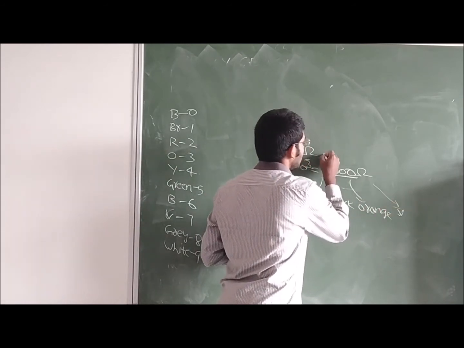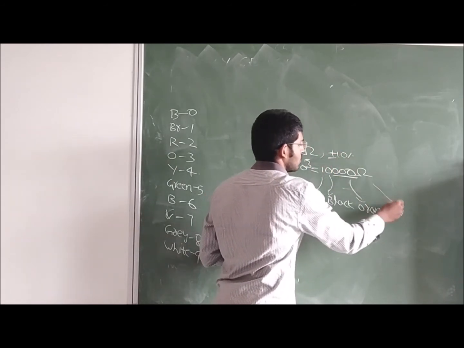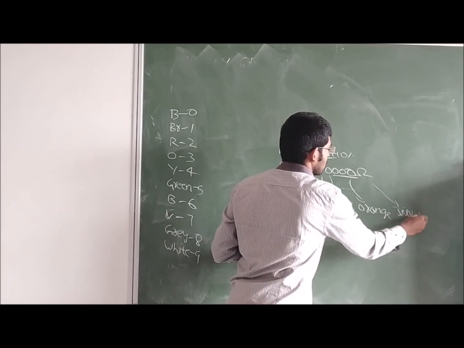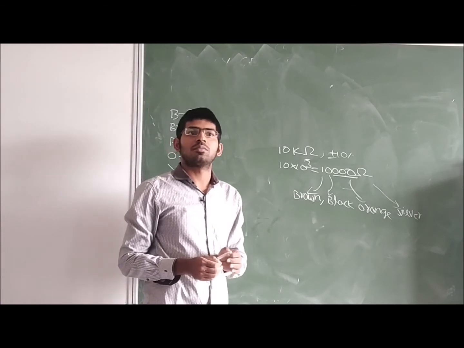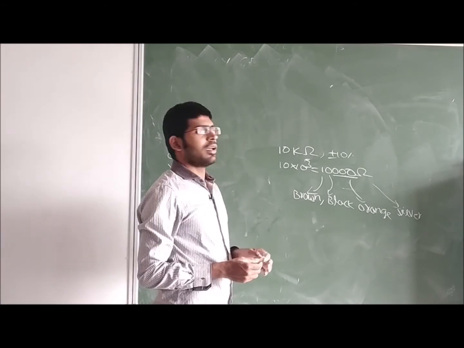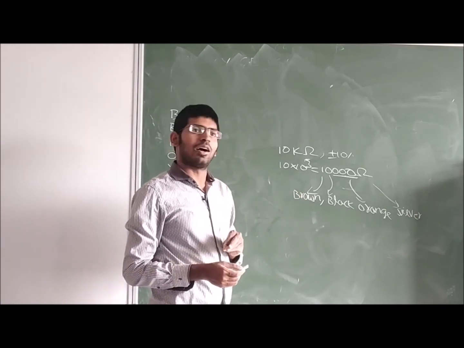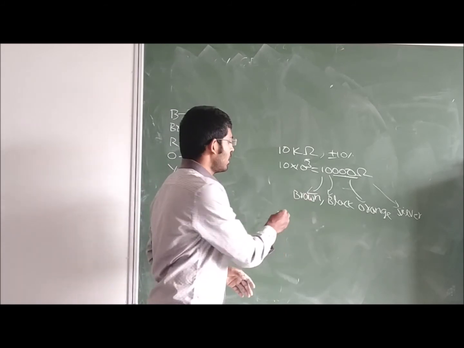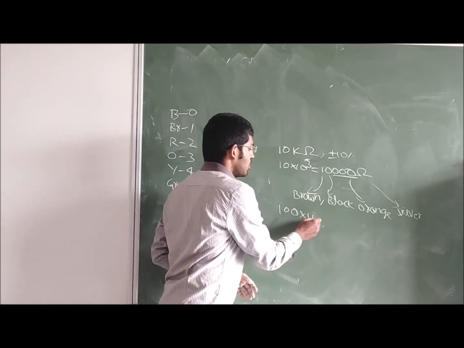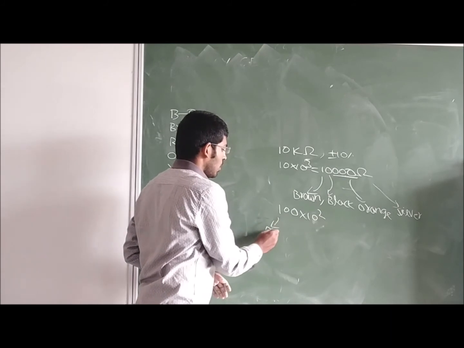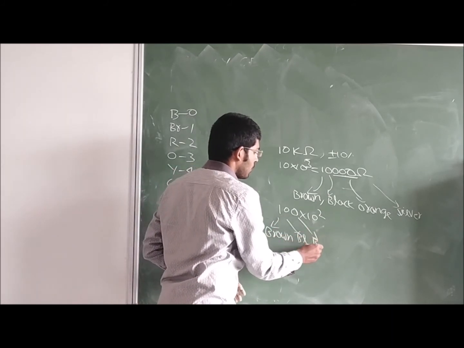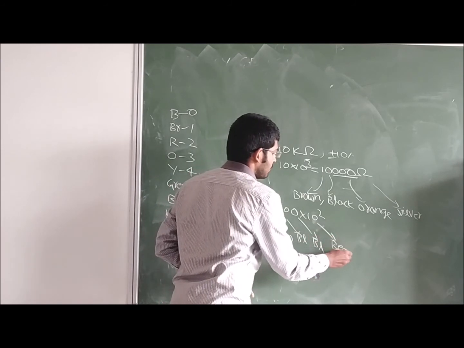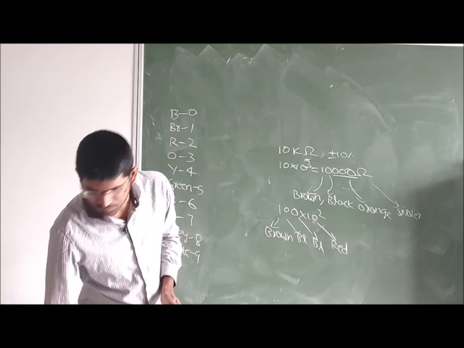Tolerance silver if it is plus or minus 10%. Okay, next value. If it is 5 band, we can use 100 into 10 to the power 2, then it is brown, black, again black, red. Okay, right. Next value.